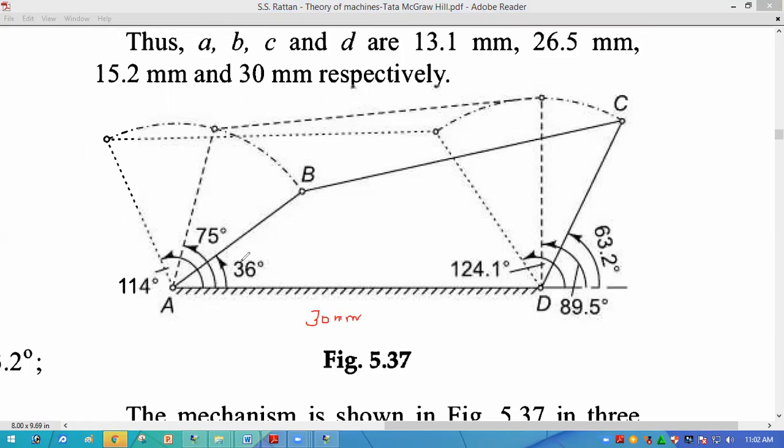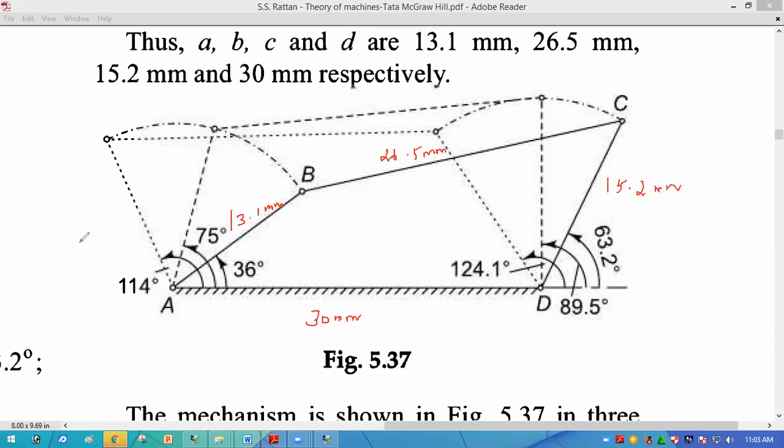The input link angle theta 1 is 36 degrees, and the length of AB is 13.1 mm. The length of the coupler is 26.5 mm, and the output link length is 15.2 mm.